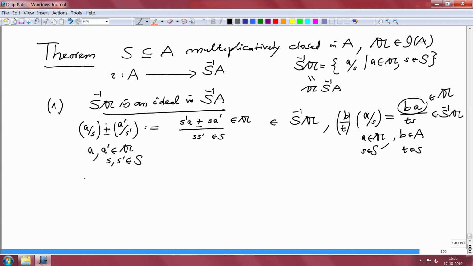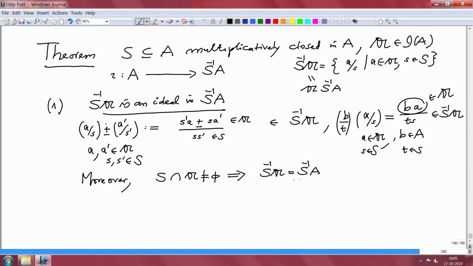Moreover, is it a proper ideal, that is what I am trying to answer now. If S intersection A is non-empty, then S inverse A is a unit ideal in S inverse A. So, then it is not a proper ideal. All right. Why that?